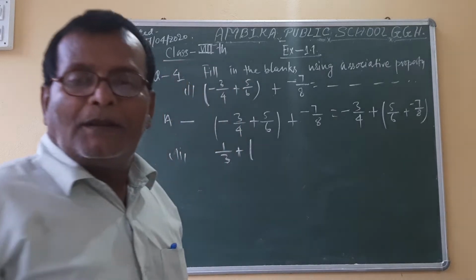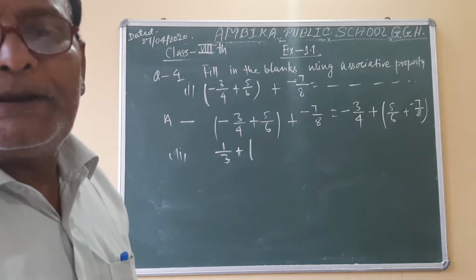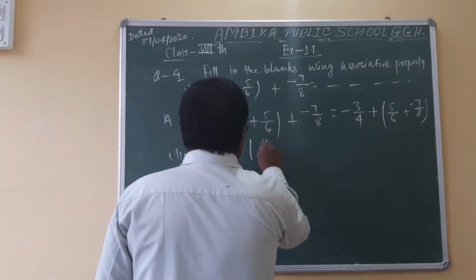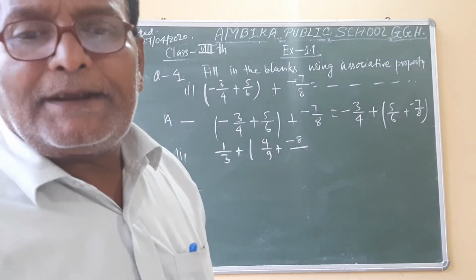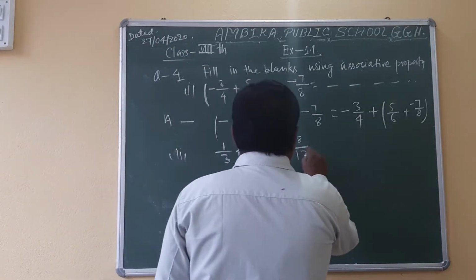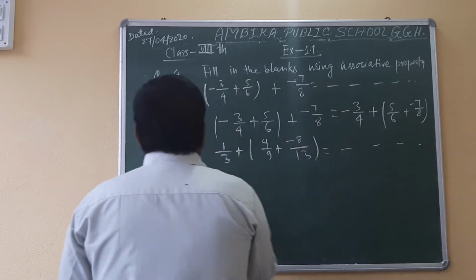Question number 2 is: (1/3 + 4/9) + (-8/13) is equal to ____.